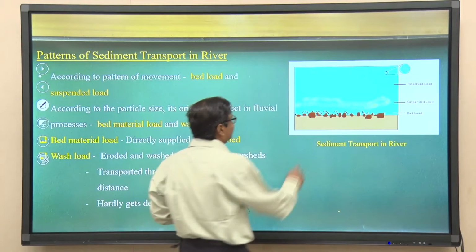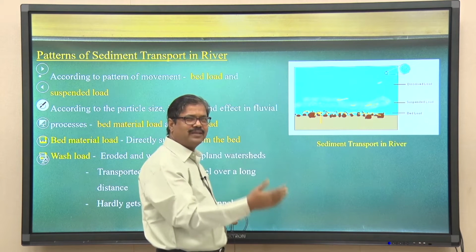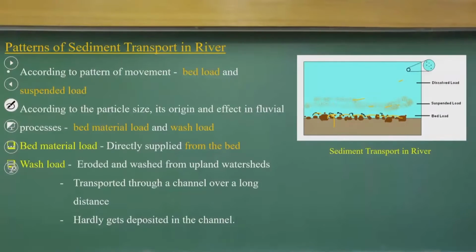You can understand that bed loads are happening here, and there is a bloom of suspended load and some dissolved loads, the basic mechanism. So, the process of bed load from bed materials goes into the bed load, which is a very thin layer along the bed, whose thickness will be lesser than the 3D value.